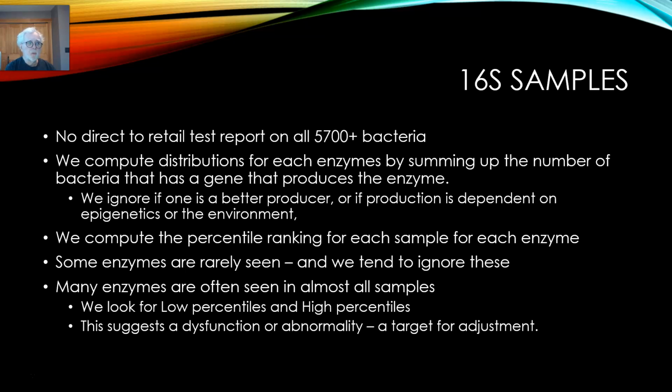So we try to reduce the amount of noise we produce in analysis by setting pretty high levels for high and pretty low levels for low, 97 and 3%. And our basic philosophy is when it falls into the high or the low percentile, it indicates a dysfunction or abnormality, which we deem to be a target for adjustment.